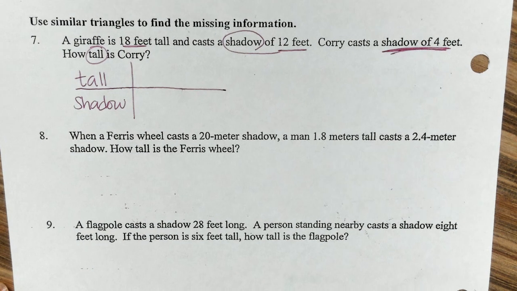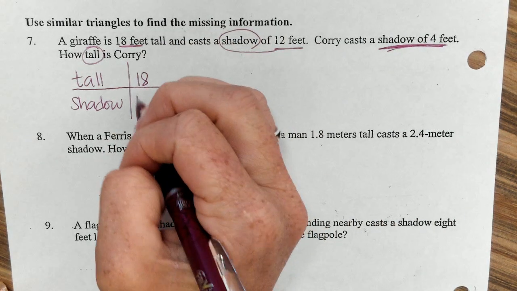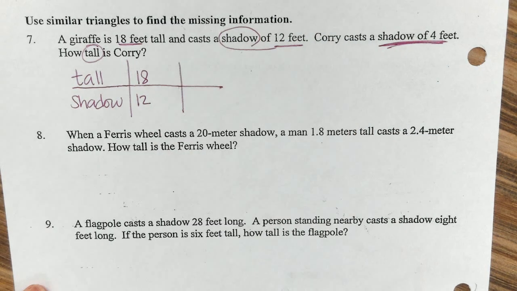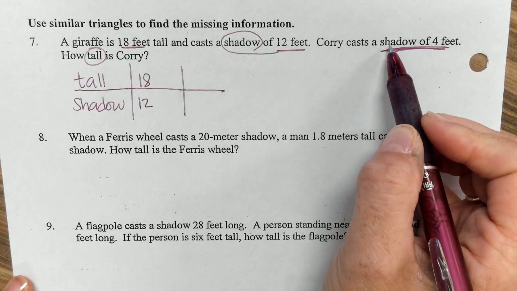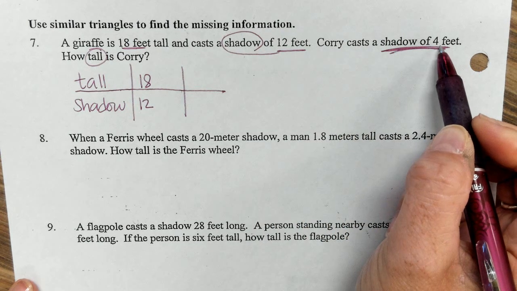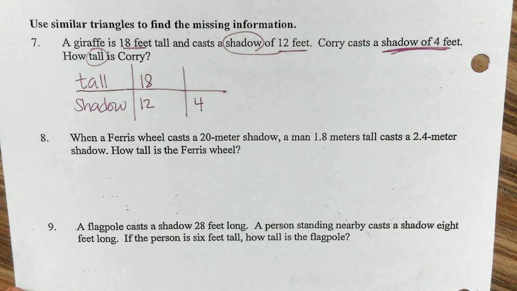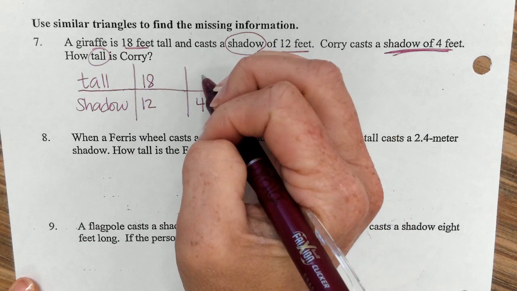So what's going to go on top for tall? 18. What's going to go on bottom? 12. Now, do I need to leave space to simplify? Yes. So I'm just going to move my line over where I have space. Corey cast a shadow of 4 feet. So where will that go? Bottom. At the bottom for shadow. How tall is Corey? So what am I going to put here?